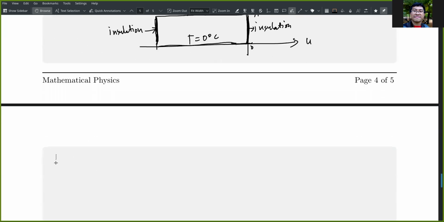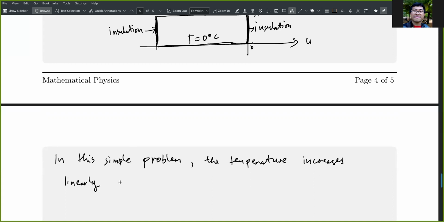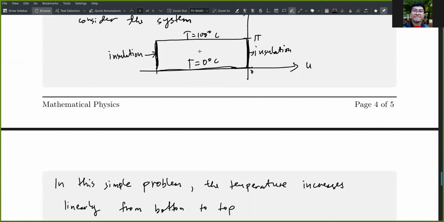So in this simple problem, the temperature increases linearly from bottom to top, which means that the rate of change in temperature here would be uniform.